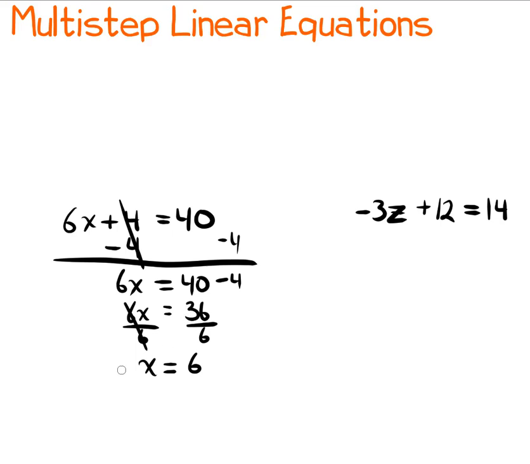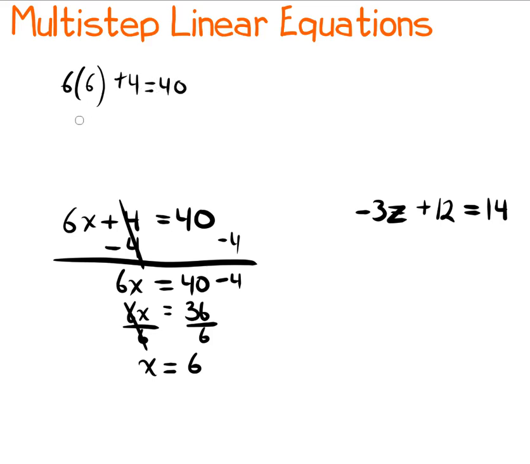And once again, I don't have to wonder if I got this right. I can actually plug in my values for x. In fact, I'm going to do that up here. I'm going to put 6, and then I got the 6 here, right? X should be 6, so I'm going to plug it in there. Plus 4 is equal to 40.